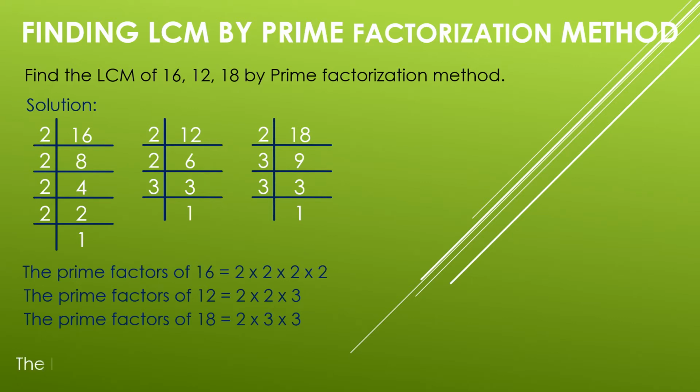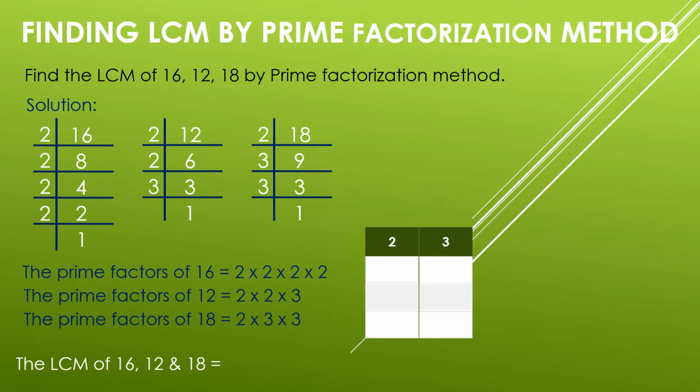So the LCM of 16, 12 and 18 is equal to, first see what are the different prime factors present in 16, 12 and 18. We see 2 and 3. So make a table like this with 2 and 3. Now fill this. How many times is 2 present in 16? 4 times. So write 4 here.